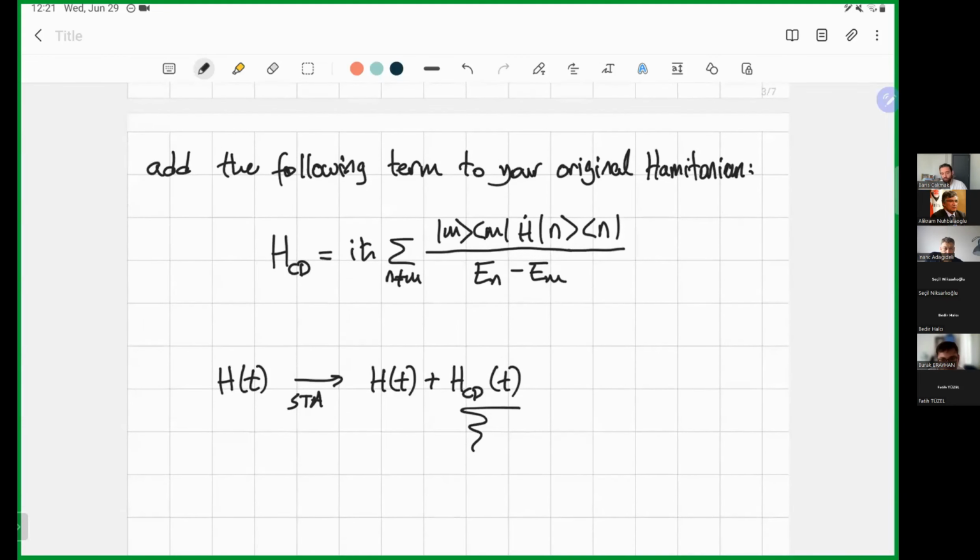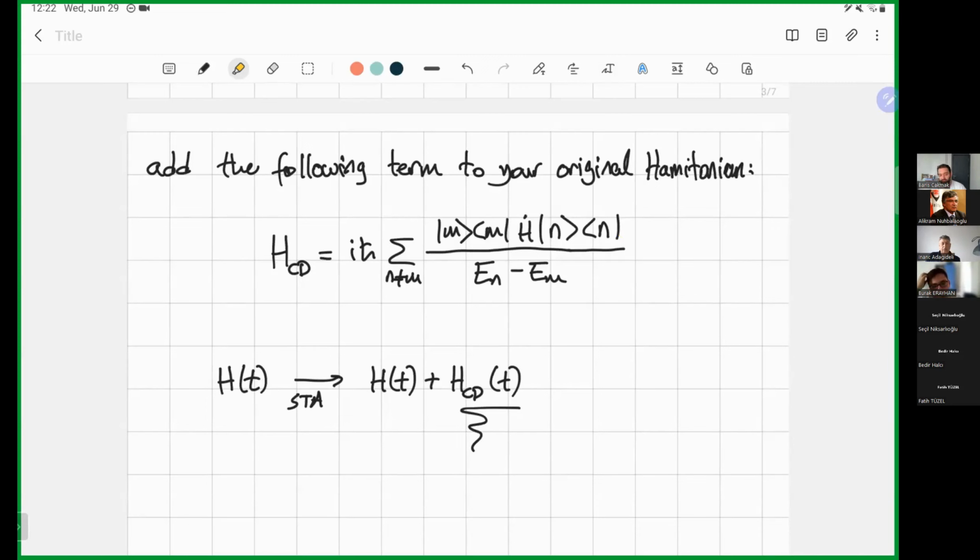This is one of the problems of this approach in the sense that in order to apply this to a many-body Hamiltonian, we need to diagonalize the Hamiltonian at every time step. Therefore, it would be quite problematic to do that. So there are other approaches to deal with many-body systems.